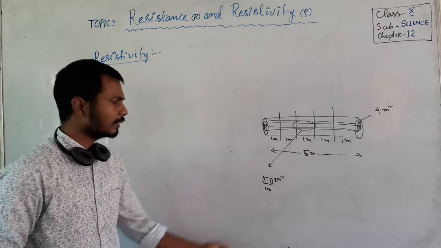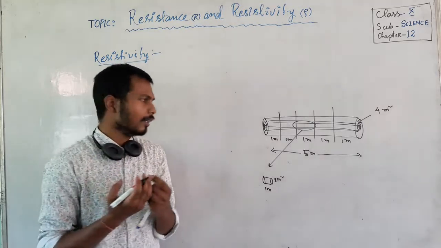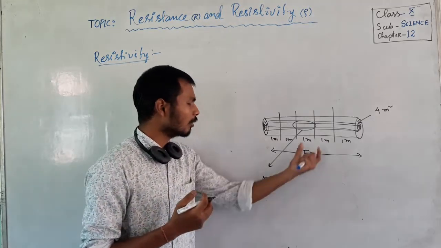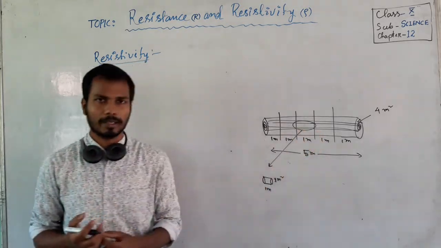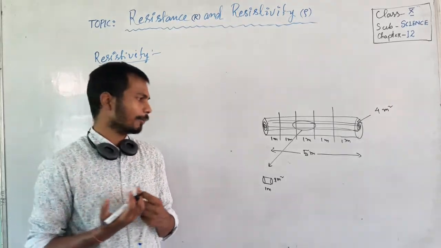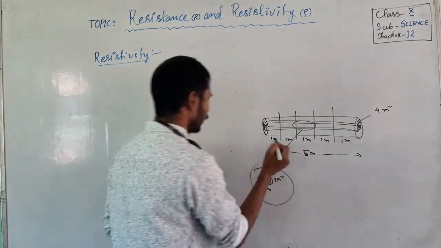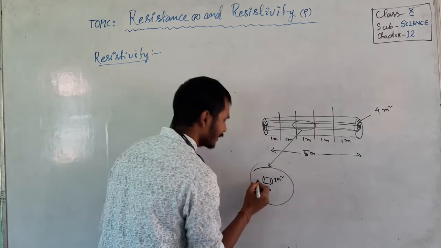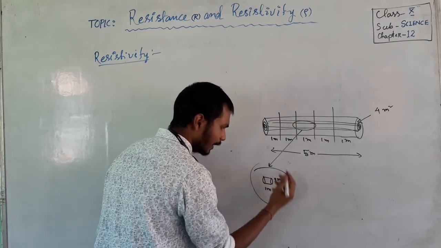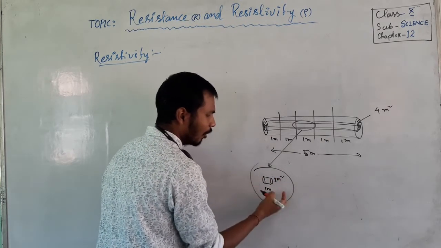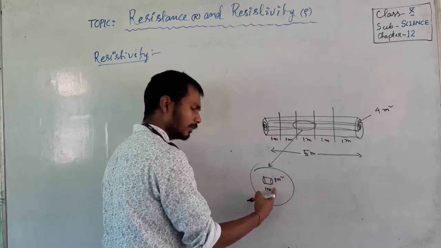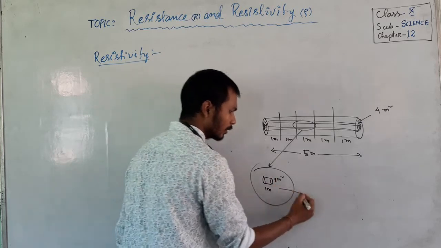Now see, this is the smallest part, or we can think this is the building block of this wire. Just we can assume that. Okay. Now you measure the resistance using a device. You measure the resistance of this small part.